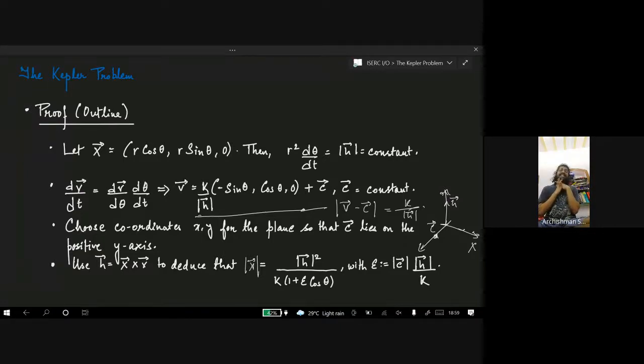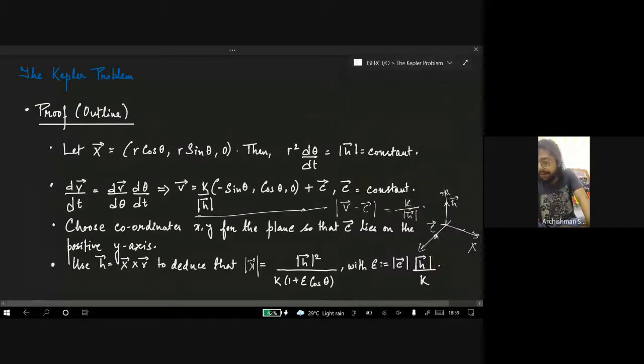Now, this is an equation of a conic section with a focus at the origin, with eccentricity epsilon, where epsilon is defined thusly, and the latus rectum of the conic section is mod h squared by k.